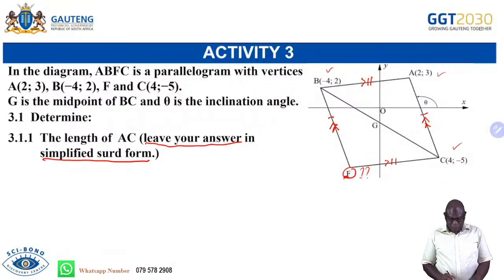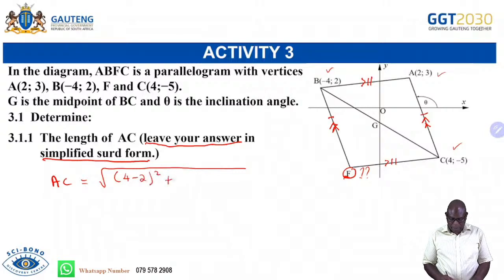Now, enough of that. So AC will be equal to the square root of 4 minus 2 squared plus minus 5 minus 3 squared.